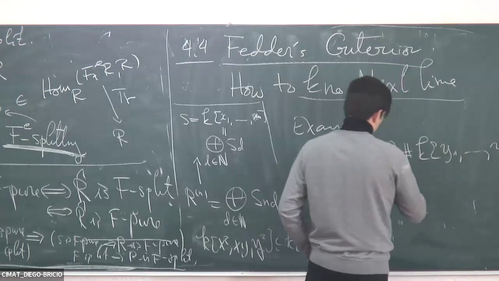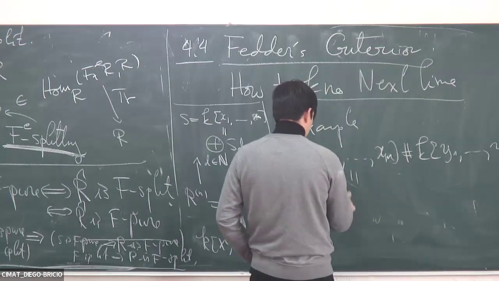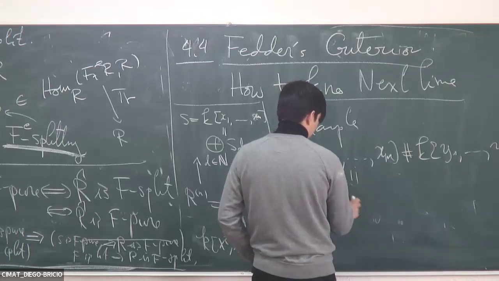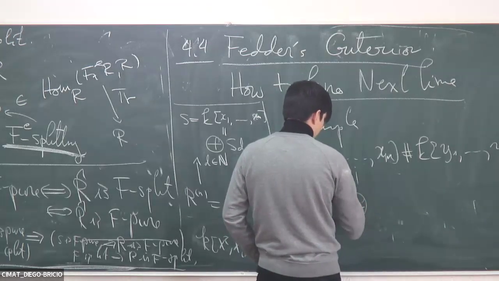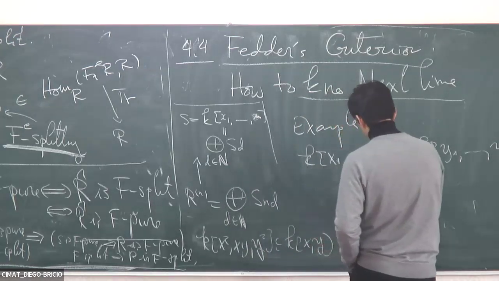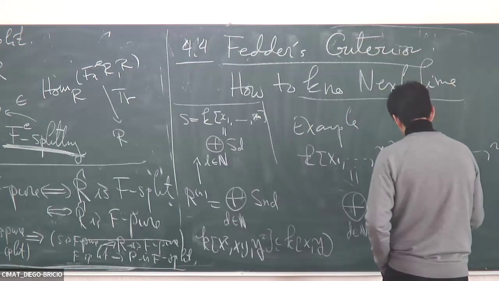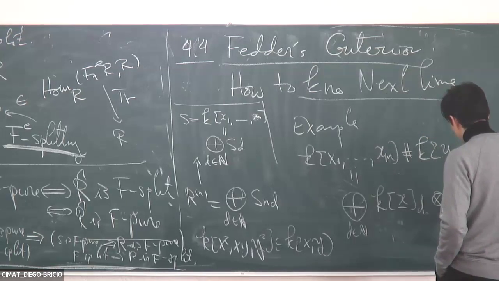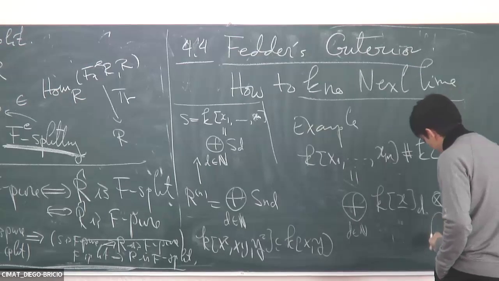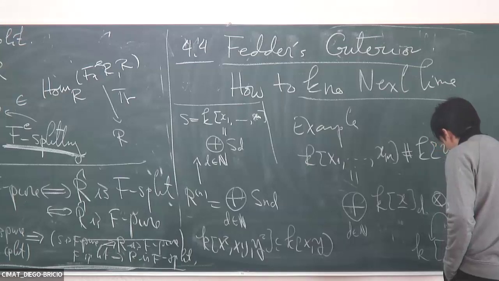By definition, it's going to be a big direct sum, where you take the products of the x's of degree d with the y's of degree d, and this lives inside as a direct summand of the polynomial ring with all the variables.